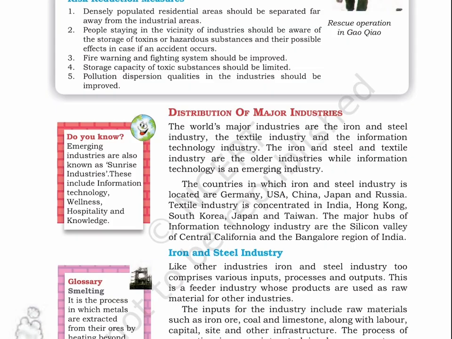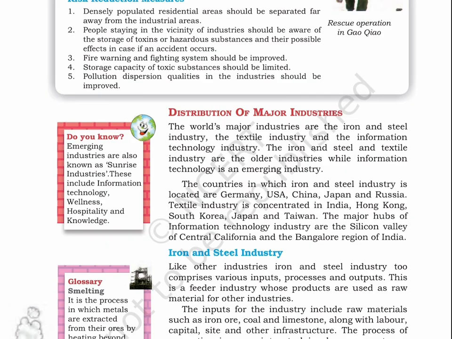The countries in which iron and steel industries is located are Germany, USA, China, Japan, and Russia. Textile industry is concentrated in India, Hong Kong, South Korea, Japan, and Taiwan. The major hubs of information technology industry are the Silicon Valley of Central California and the Bangalore region of India.